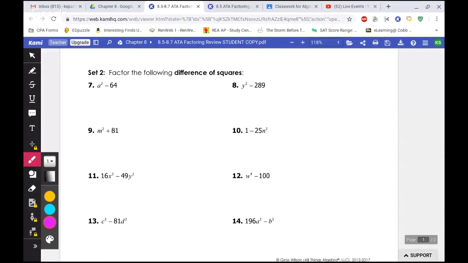Okay. Factor the difference of squares. All right. Starting with 14, keeping with the theme of going backwards, I'm looking for a perfect square of 196. And if you have to, since you know with the directions, it says the difference of squares, you can always use your calculator to find the square root of something.